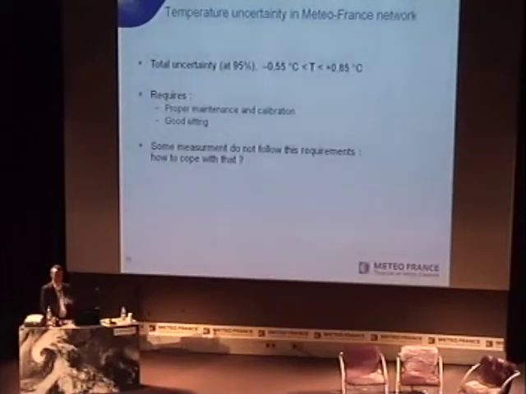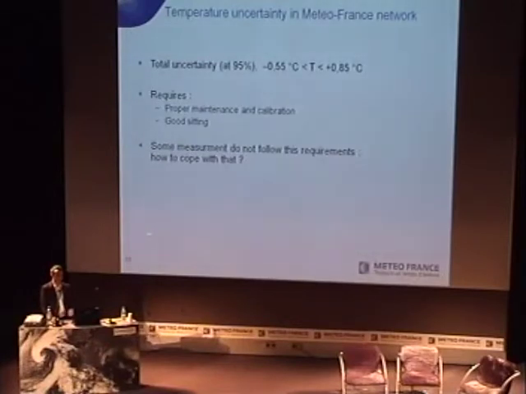So if you combine all these sources of uncertainties for a good siting, and if you respect proper maintenance and calibration, this system will give you an uncertainty at 95% of confidence between 0.55 degrees Celsius and 0.85.